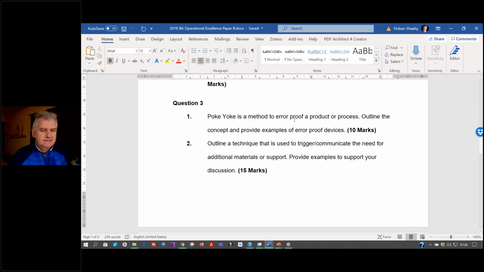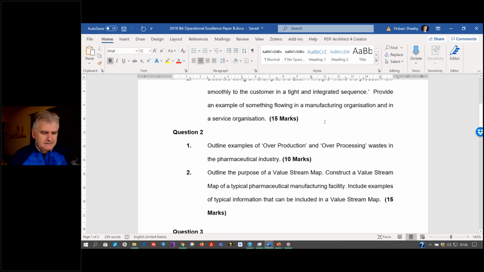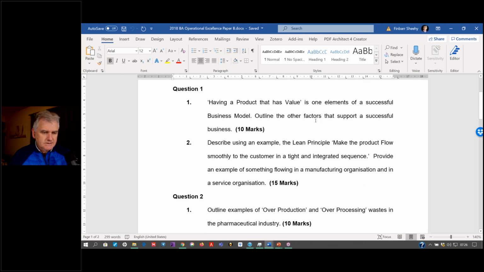So let's see, can we answer that question? Let's go back to the first one, for example. Question 1, 10 marks: having a product that has value is one element of a successful business model. Outline the other factors that support a successful business.